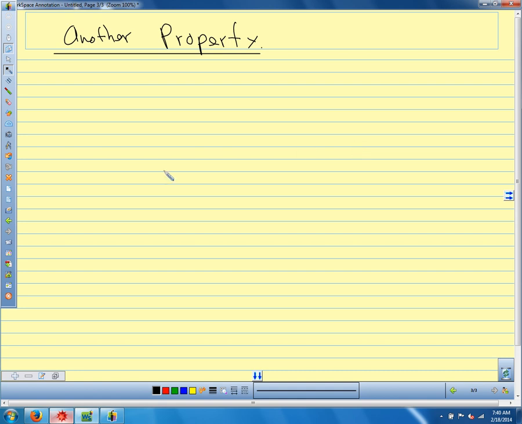All right, so what I want to do is draw a portion of a level curve of F. So here we are in the plane. And here's, I'll draw it in red. This is a portion of a level curve.